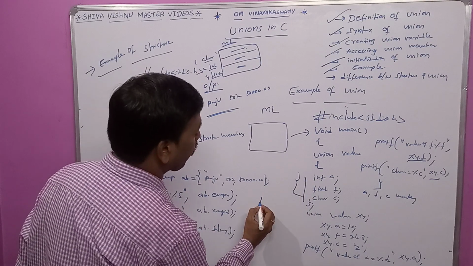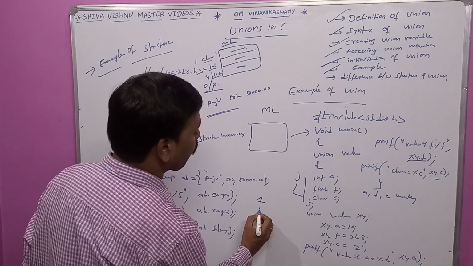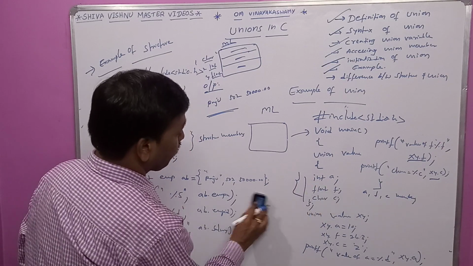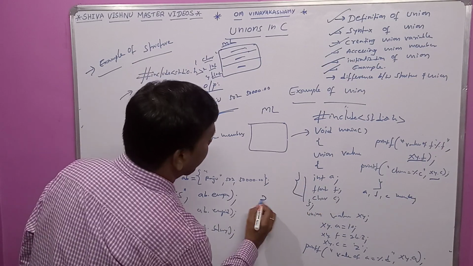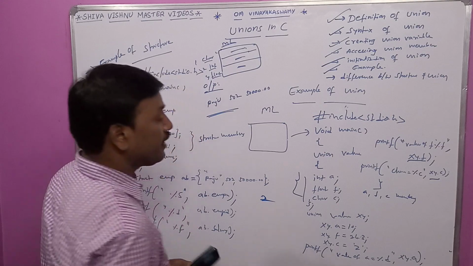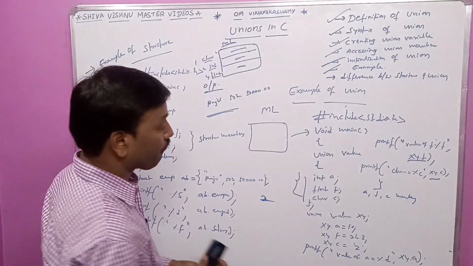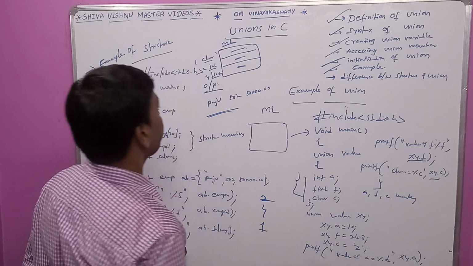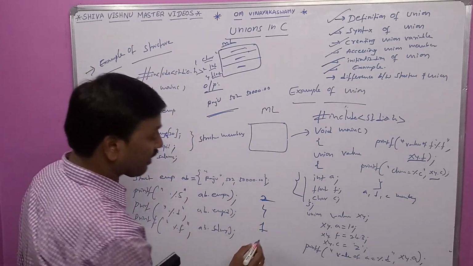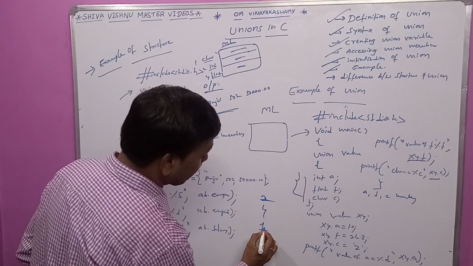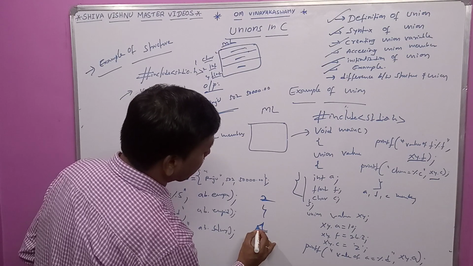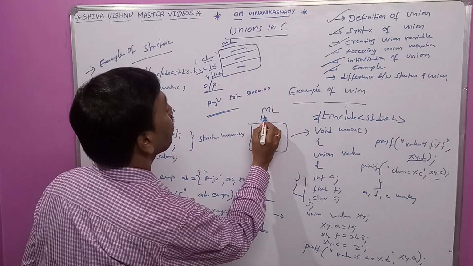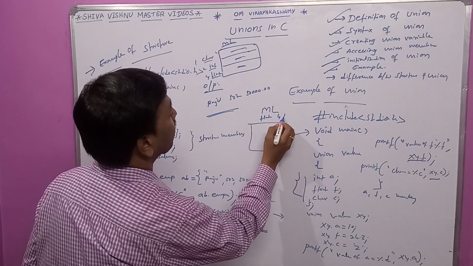Int size is 2 bytes, float size is 4 bytes, character size is 1 byte. Here you can see the highest data type is 4 bytes, so that's why it is float. Here you can see 4 bytes.